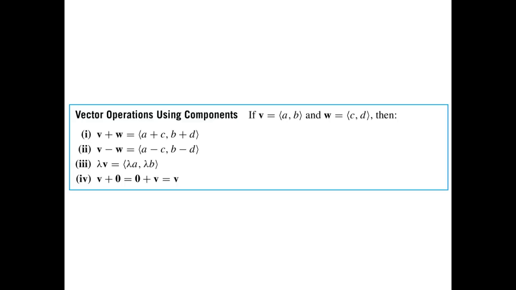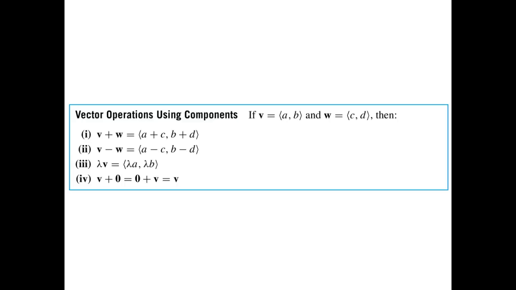Then, for any two 2-dimensional vectors V and W with those components, if you're going to add the two vectors together, add the horizontal components, A plus C, comma, B plus D. That's the way to add vectors. Forget drawing parallelograms and tip points and those kinds of things. Vector subtraction is just exactly what you would expect, I hope.